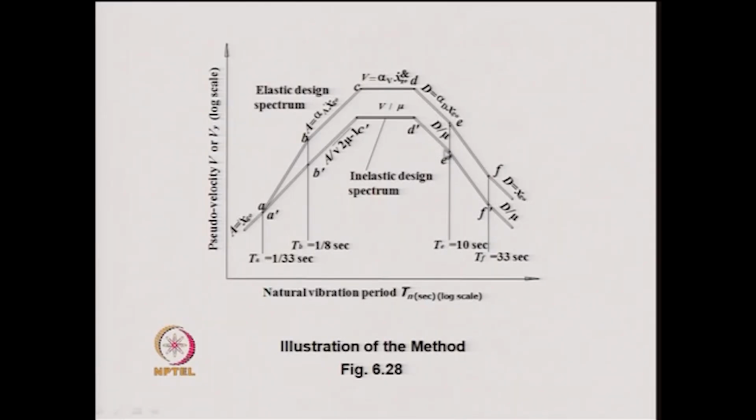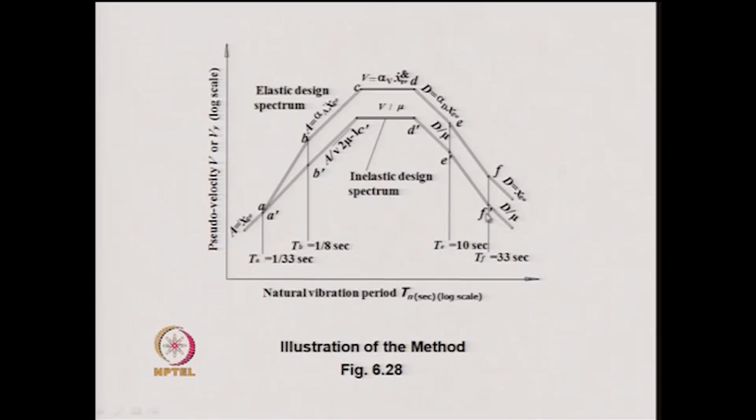So, we get the points over here on this time period line, and on this time period line, and on this time period line. And once we get that, then here at the end, where the spectral displacement is equal to peak ground displacement itself, there also we divide the displacement by mu.